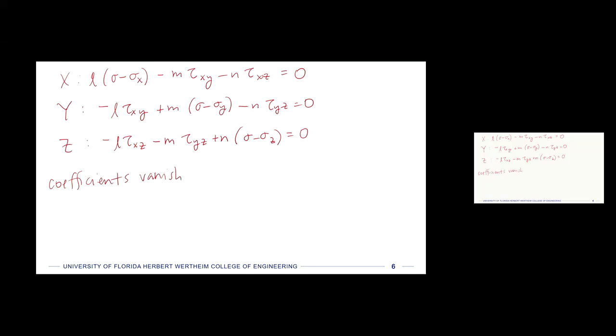So we can go to matrices and say the determinant of the coefficients vanishes. And actually, I've said this backward. I mentioned that our coefficients were the L, M, and N, and our variables were the stresses. But actually, in this case, the variables are L, M, N and our coefficients are the stresses. Sorry about that. The reason I got that wrong is because I didn't look at the matrix. So if we draw that determinant, then the coefficients of all of these look like this.